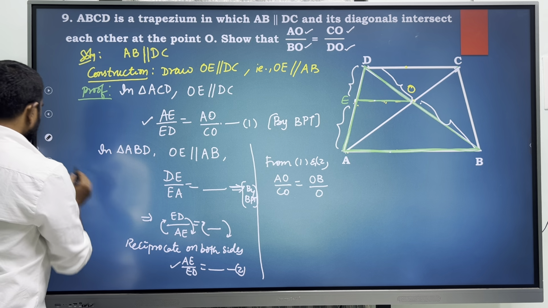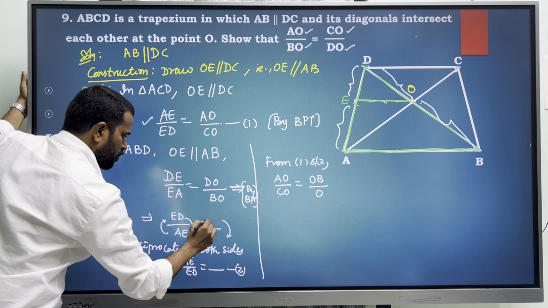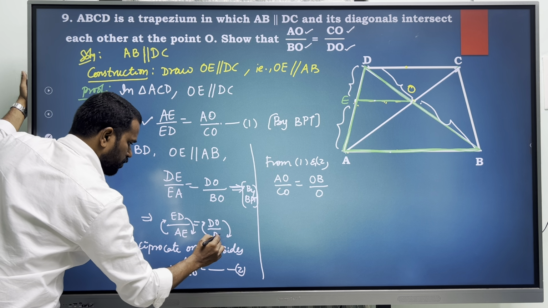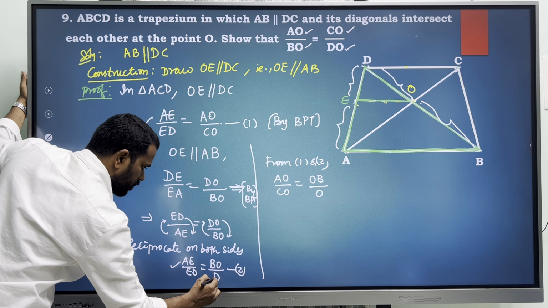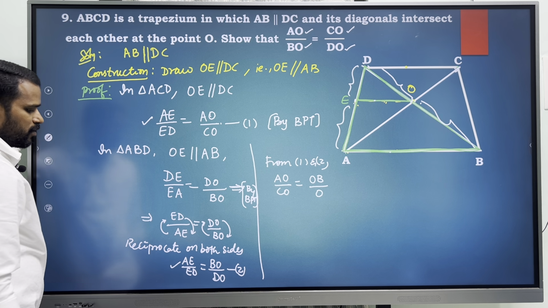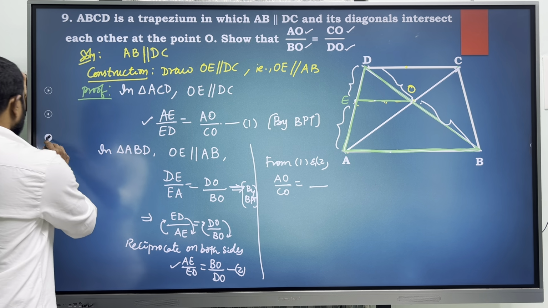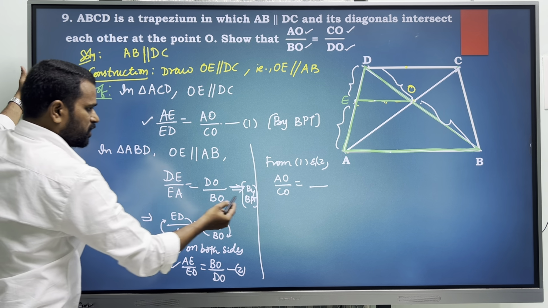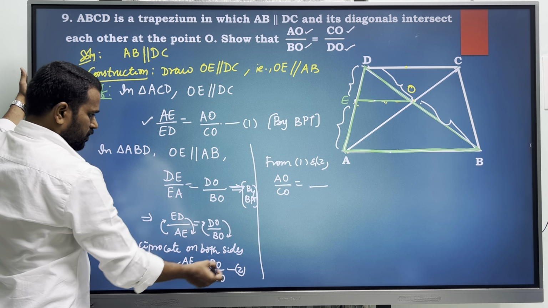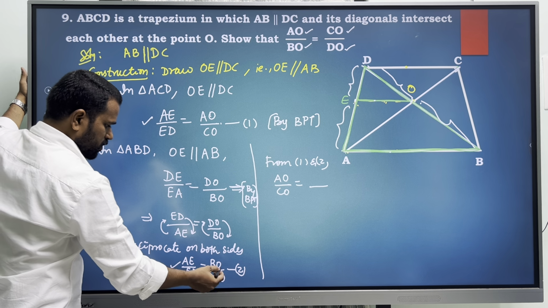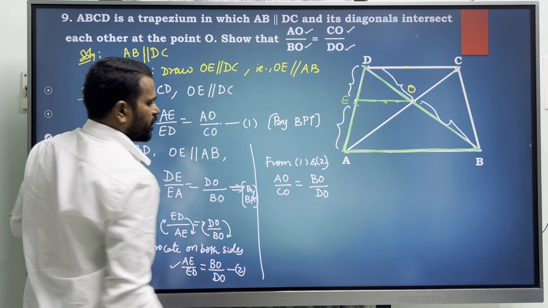So AO by CO is equal to BO by DO. From 1 and 2 we got this.